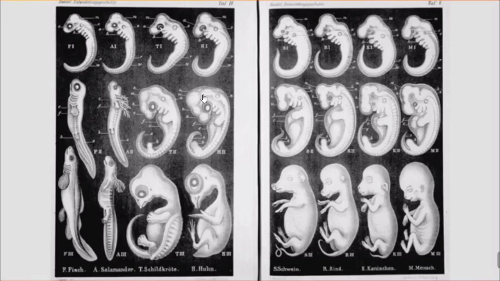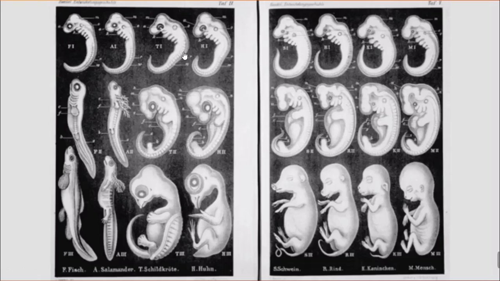Ontogeny is the development, and phylogeny is the ancestral history. So when an organism passes through its developmental stages, it passes through its ancestors' stages; that is called ontogeny recapitulates phylogeny.